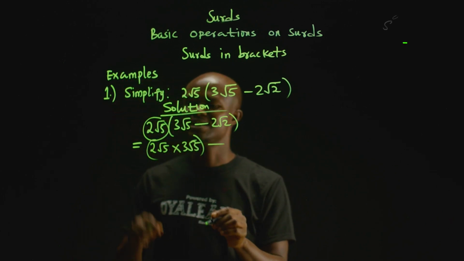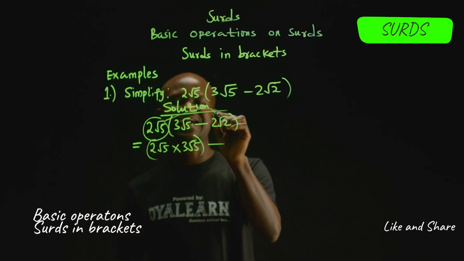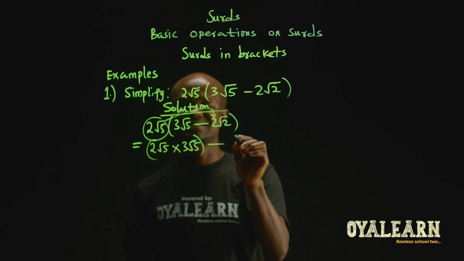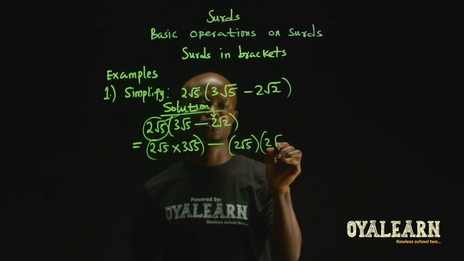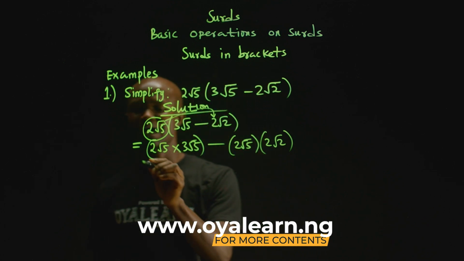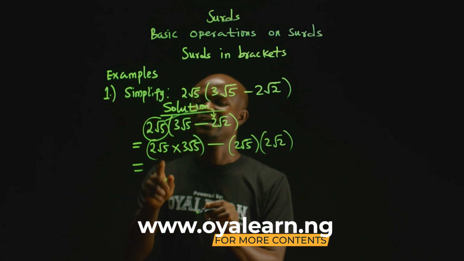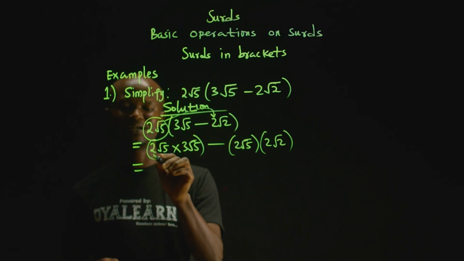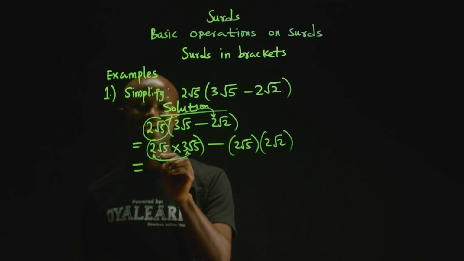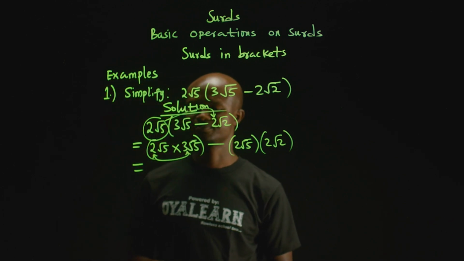Then minus that same 2 root 5 multiplying the second term. That is, we have 2 root 5 multiplying also 2 root 2. And do not forget, outside number multiply outside number, while inside number multiply inside number.